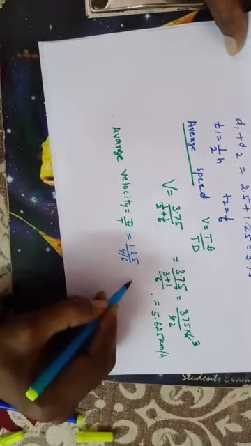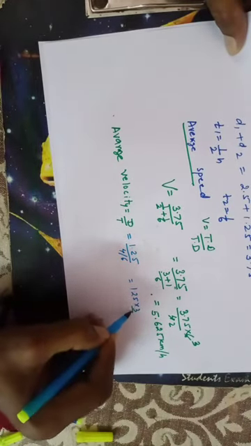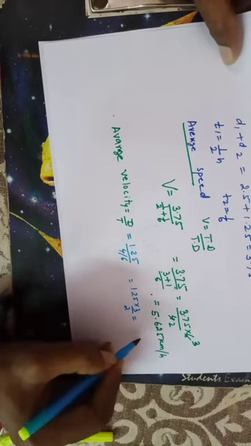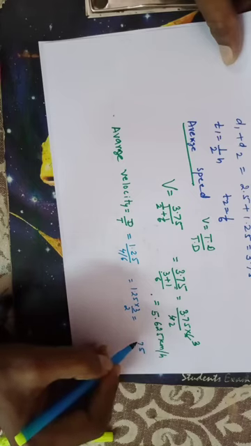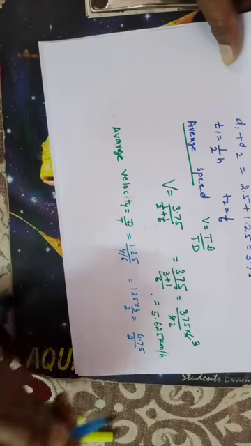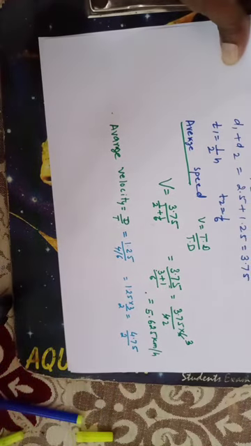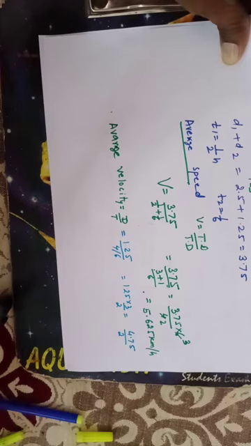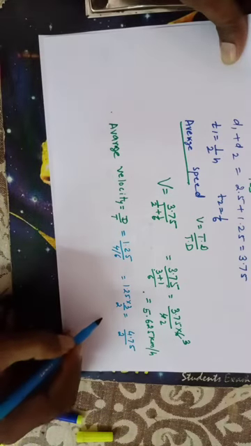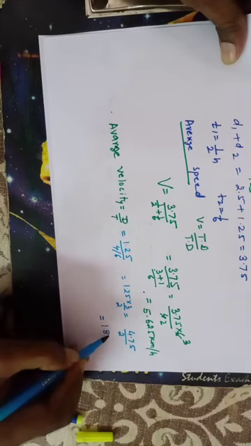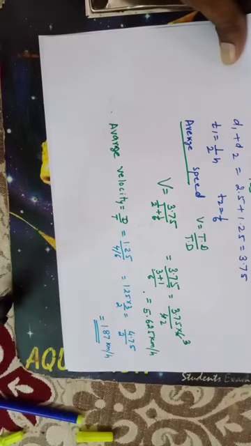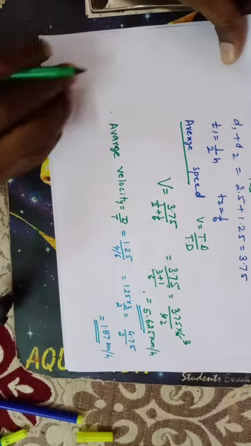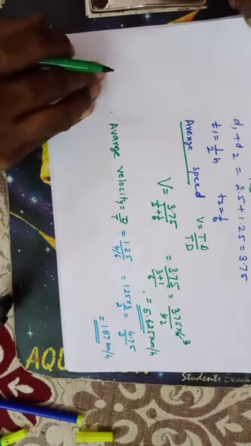So it will become 1.25 into 3/2, which is 1.87 kilometer per hour. So this is average velocity, and average speed is this much. Like this we can calculate in the required question.